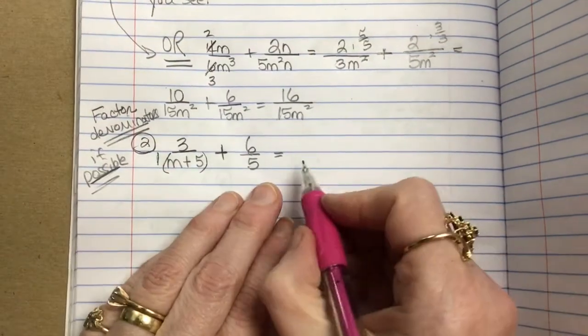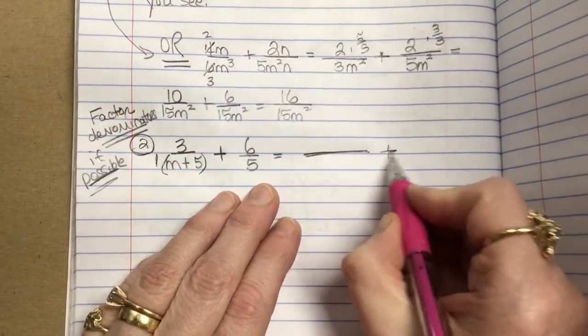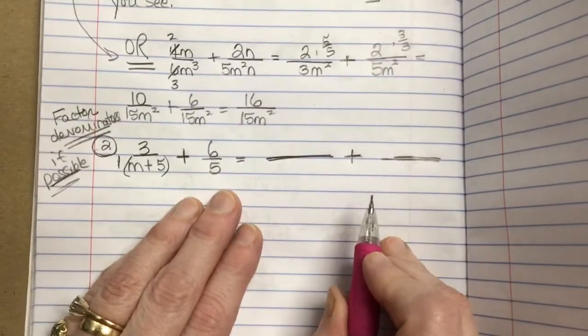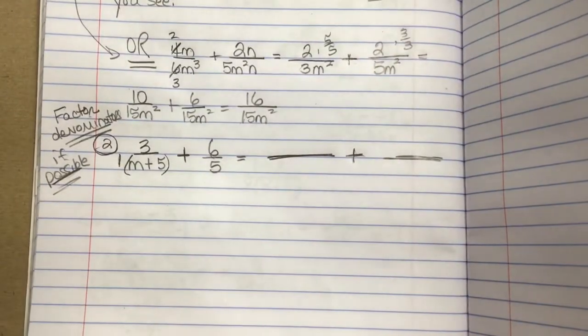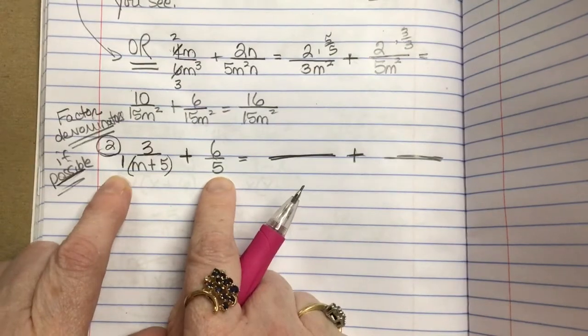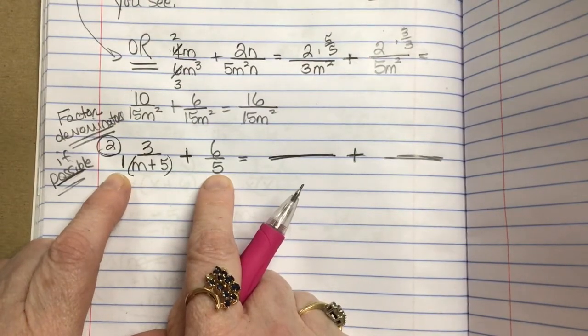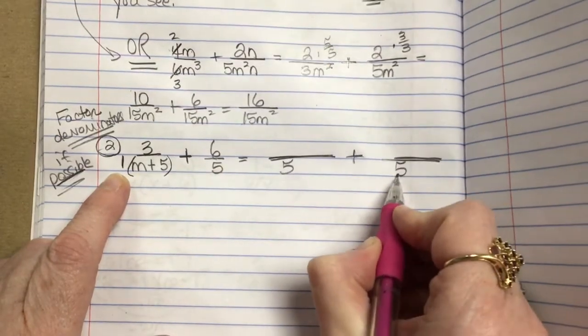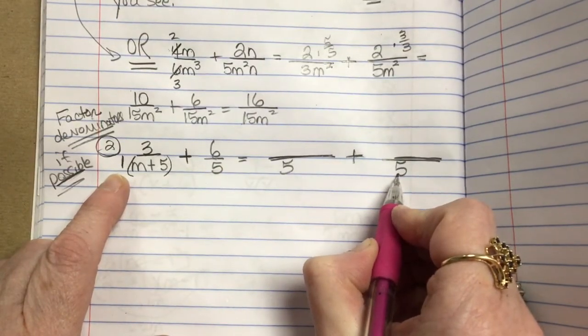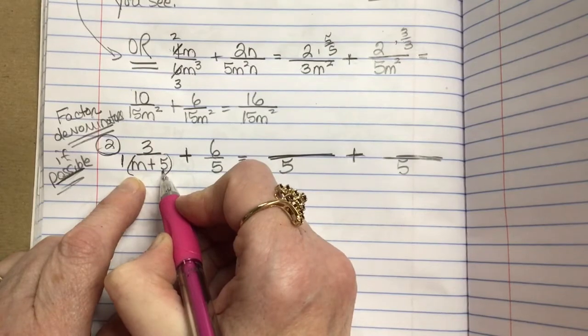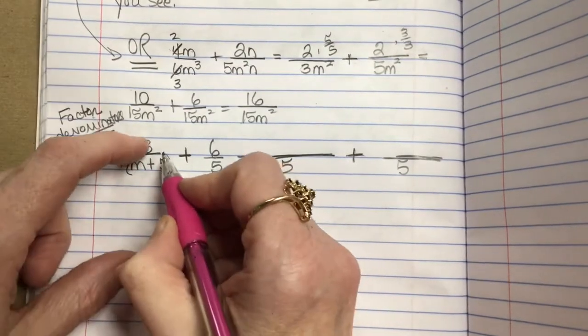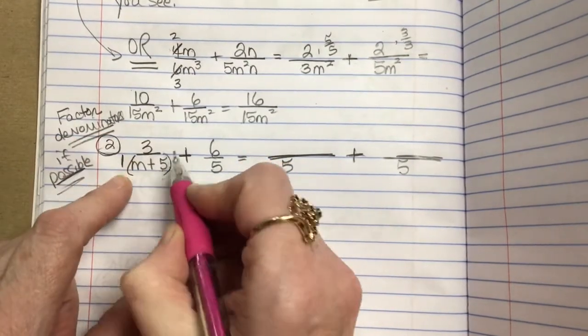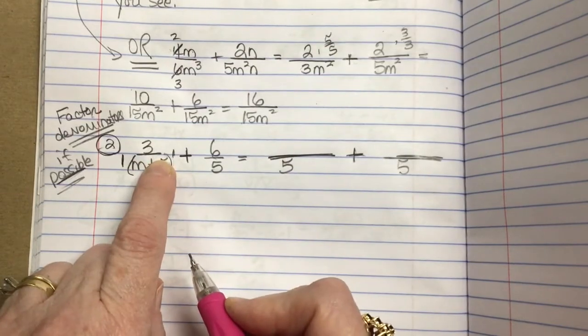Okay, now watch carefully. Let's do the same thing we just did. The coefficients are 1 and 5. What's the LCD of 1 and 5? 5. So there's got to be a 5 over here. Now treat this m plus 5 just like the m, the n, treat it as a variable term, and I have one of them. See, it's raised to the 1 power.